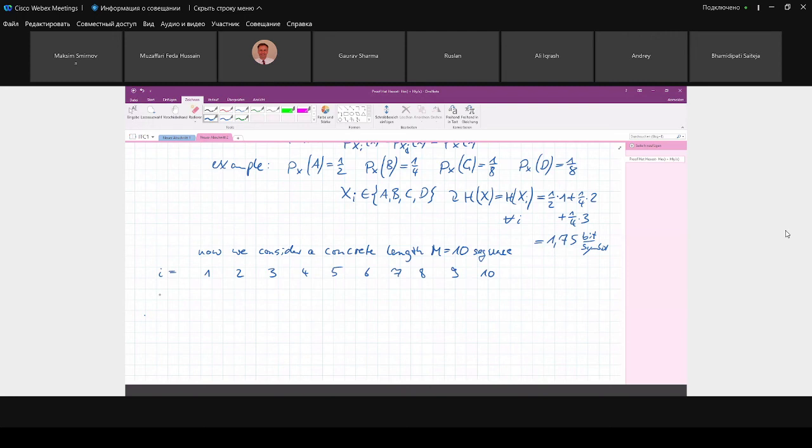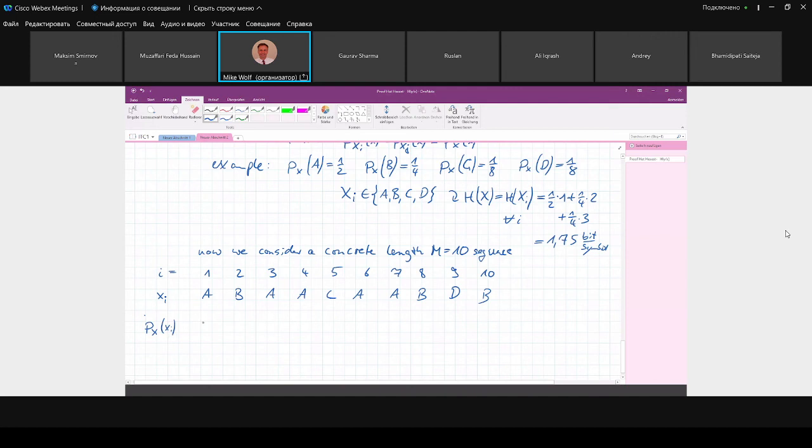Now, this is just random. I use this lowercase xi, because it's a concrete value. And this could be A, B, C, A, D, B. If we repeat this experiment, we get different numbers. We get a different sequence because the result is random. And now we say, okay, what's the probability Px of these concrete values xi?